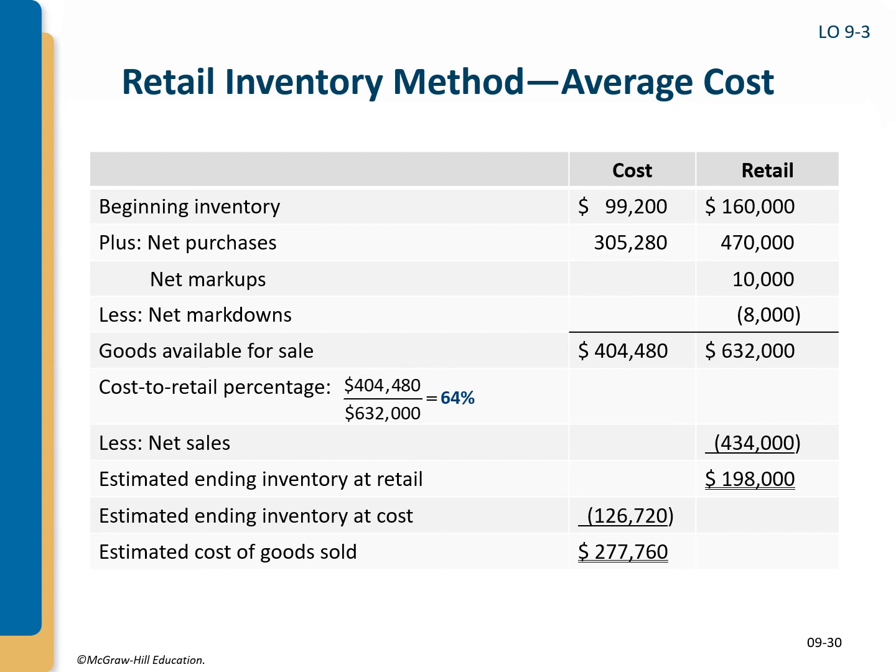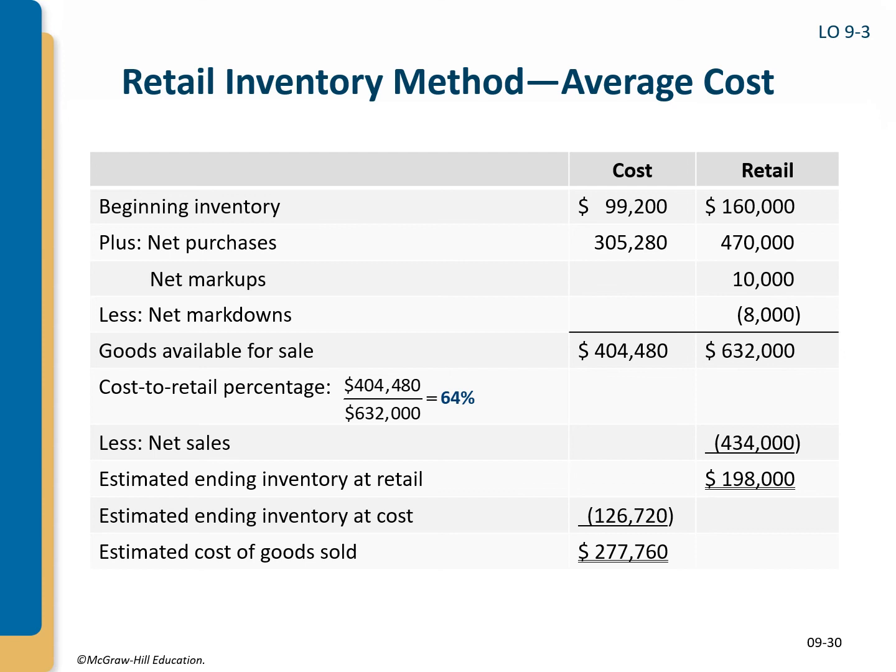They would have increased the selling prices of those items by $10,000. Net markdowns would have decreased the original selling price by $8,000. So if the company had sold everything, the retail value of it, or revenue, would have been $632,000. The cost of those items is $404,480. So let's do our cost to retail percentage. If we divide the retail into the cost, cost is 64% of the retail.